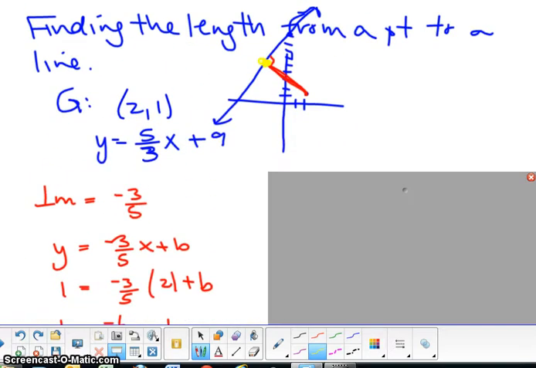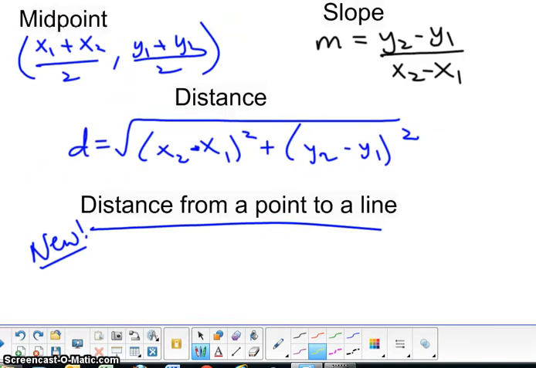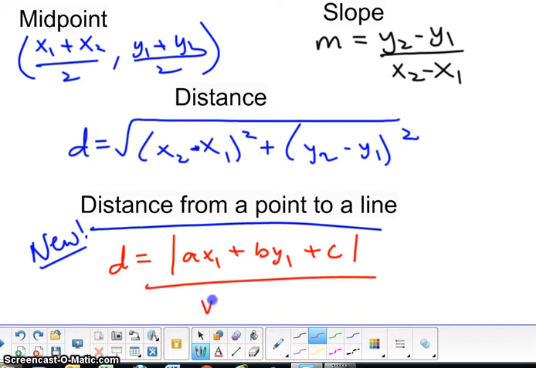So now I want to show you the new formula, which we'll write here, and then I'm going to show you how beneficial it will be to you when you're doing your work. So the distance from a point to a line is the absolute value of a times x1 plus b times y1 plus c, close your absolute value, all over the square root of a squared plus b squared.